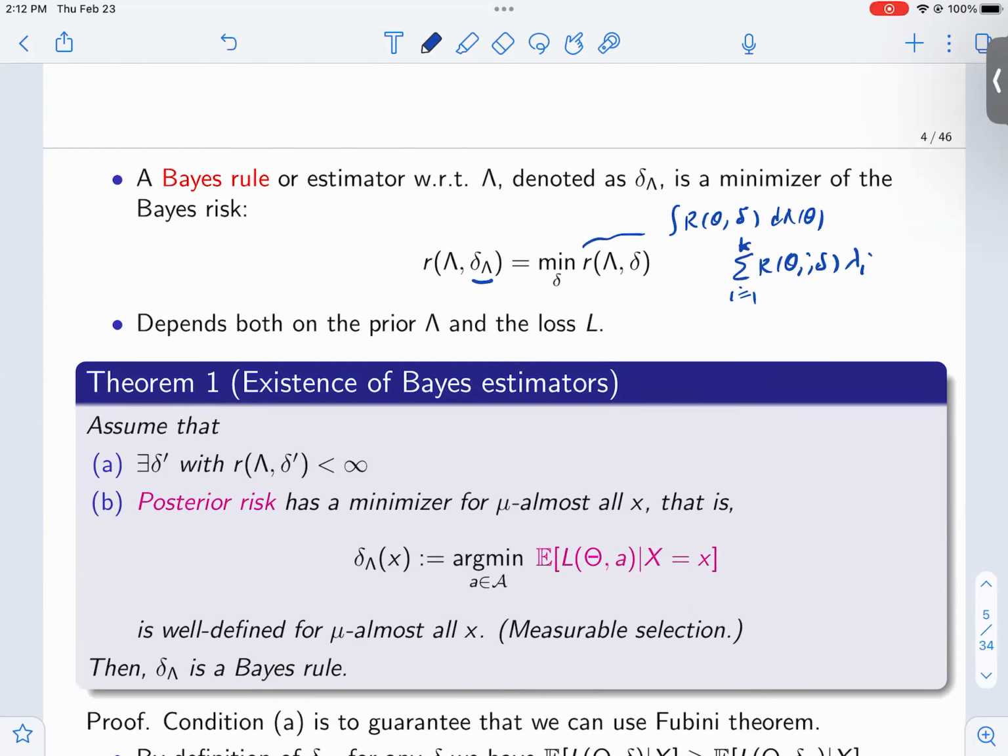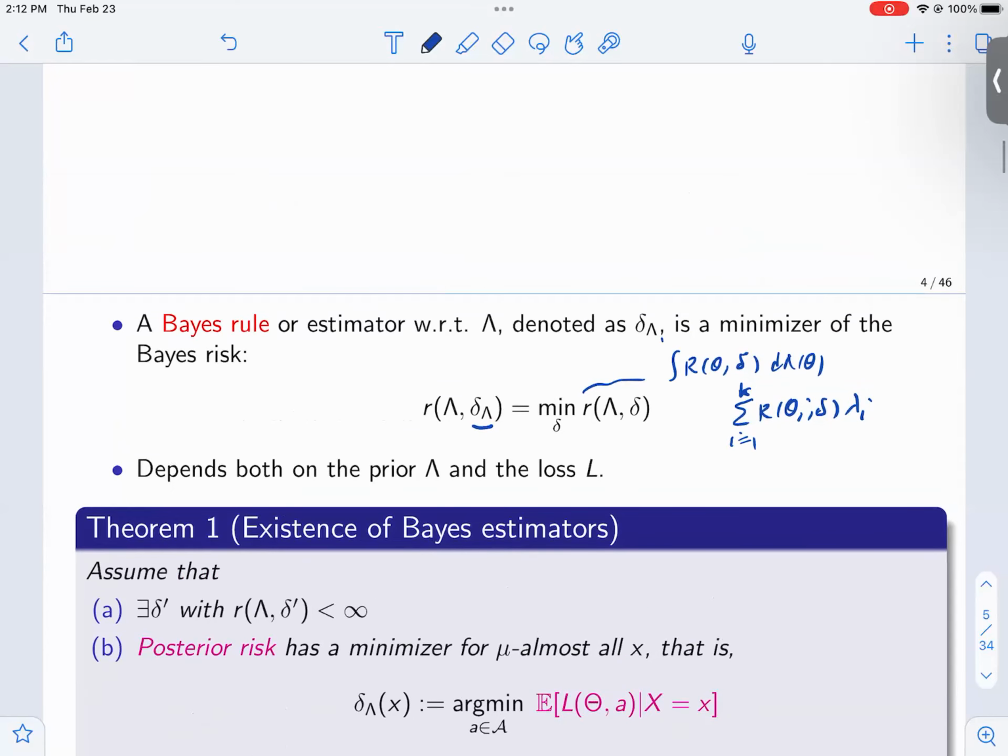The minimizer is sort of easy to find. There are different ways of doing it. Maybe the intuitive approach is this: you have r theta delta x. Sorry, so this is the intuitive way.